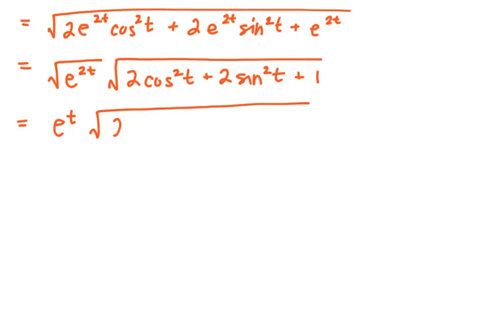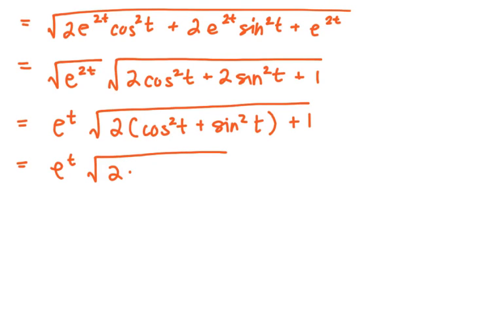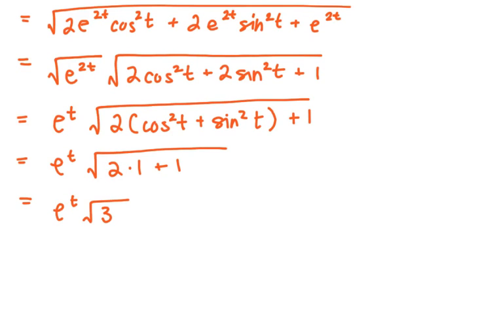Over here, from those first two, I'll factor out a 2. I'm left with cosine squared t plus sine squared t, and then I have this plus 1. Of course, we know this value is equal to 1. So I have e to the t square root of 2 times 1 plus 1, or e to the t root 3. So the magnitude of the velocity vector v of t is root 3 times e to the t.